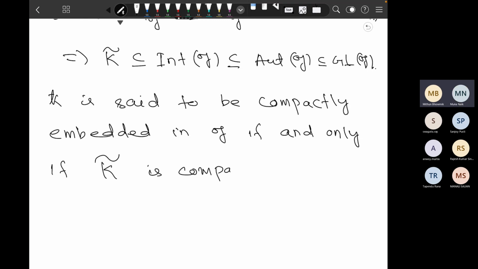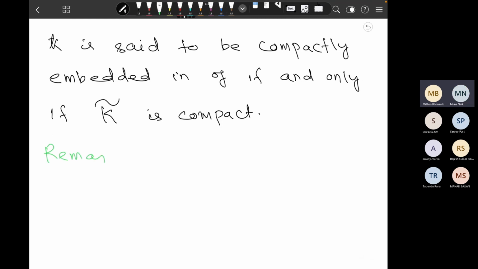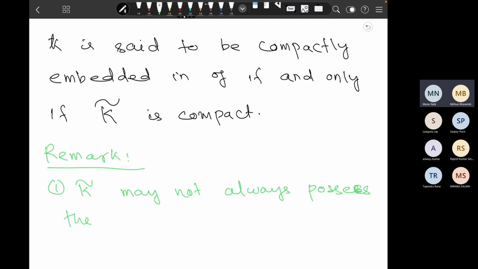So this is the thing. Now a remark, as I said: K tilde may not always possess the subset topology of GL(G).